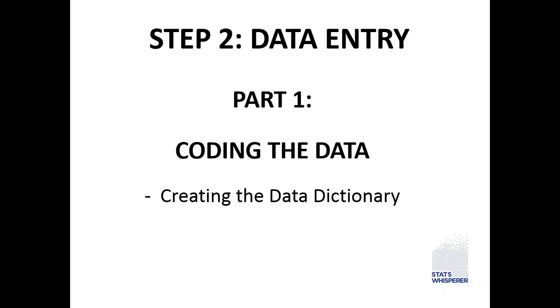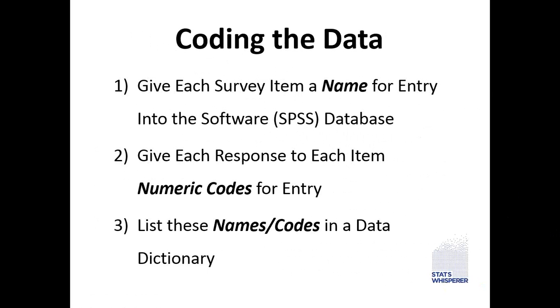So first, part one, coding the data, with the subcategory of creating the data dictionary. The first thing that we should do when we code the data is give each survey item a name for entry in the database, right?